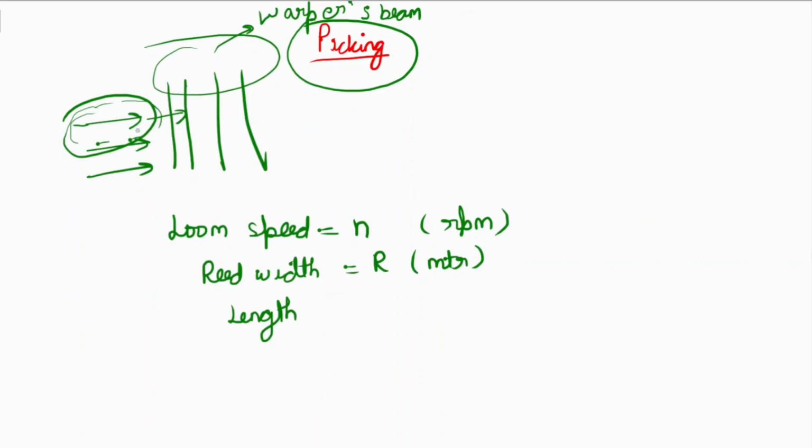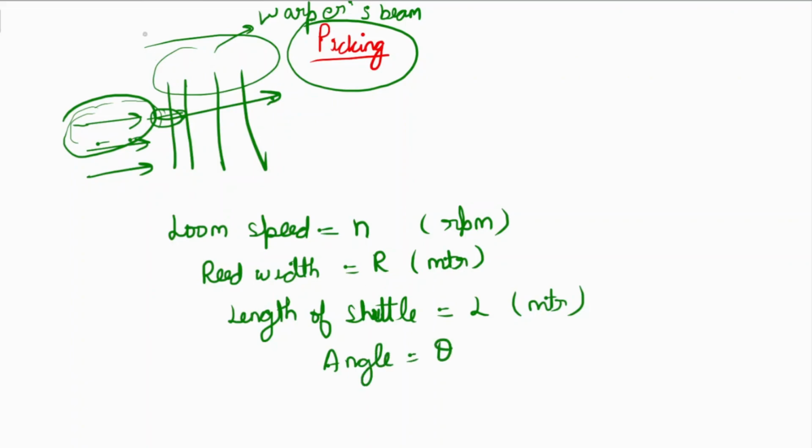The shuttle moves from this side to this side and the weft is inserted, and the shuttle moves back. There are many mechanisms: rapier, jacquard, and dobby. So these are how the weft is inserted. In jacquard, individual yarn is inserted one by one. So length of shuttle is represented as L in meters and the angle that it makes is represented as theta.